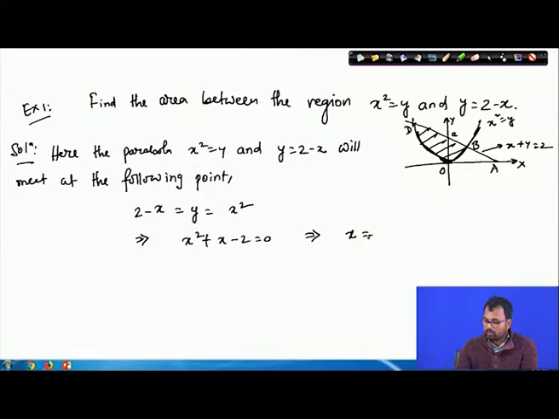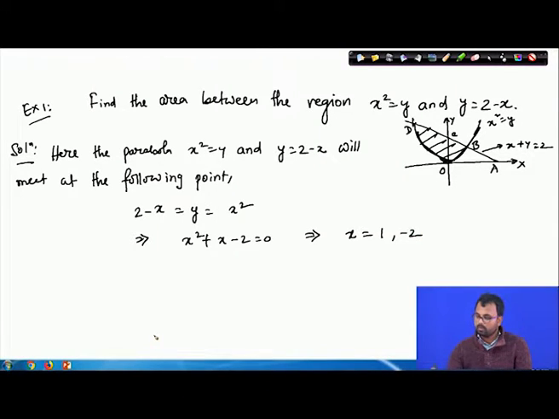x equals, we can factor it, and then it will be x equals 1, and another root will be... I can substitute x equals 1, so one root is 1, and another root will be, if I substitute 2, then this will be 4, so another root will be minus 2.